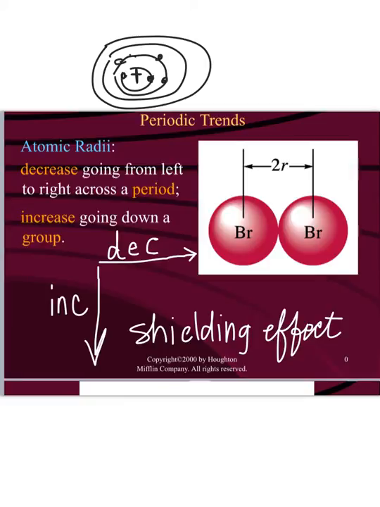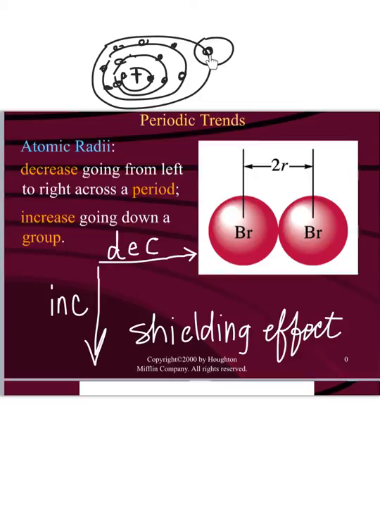So these energy levels and these electrons are making a shield so that the outer electron is being blocked. So this nuclear charge is being blocked or shielded by these inner electrons.